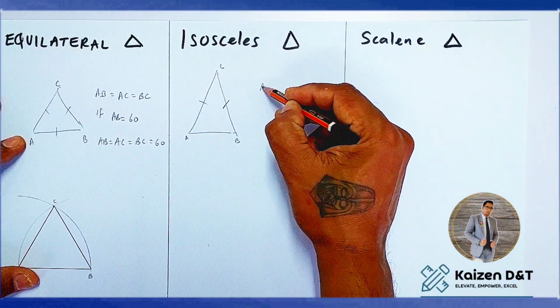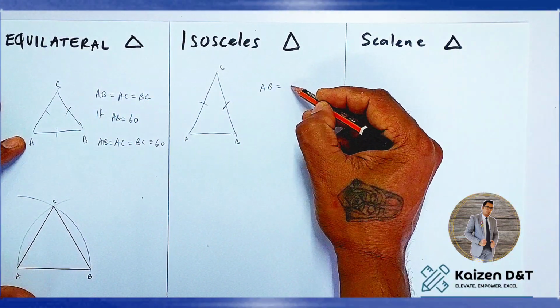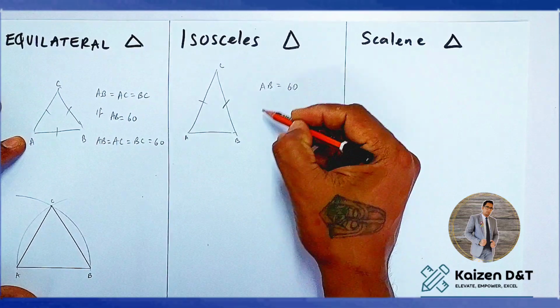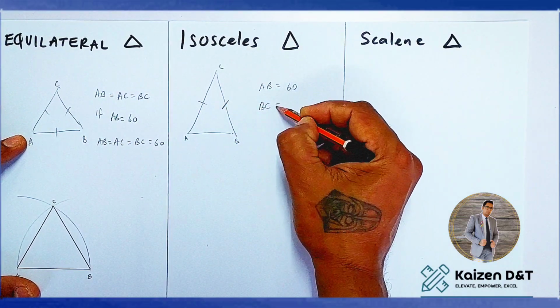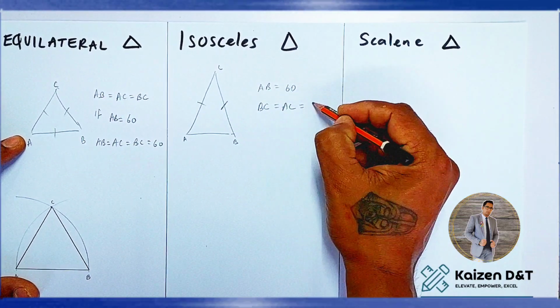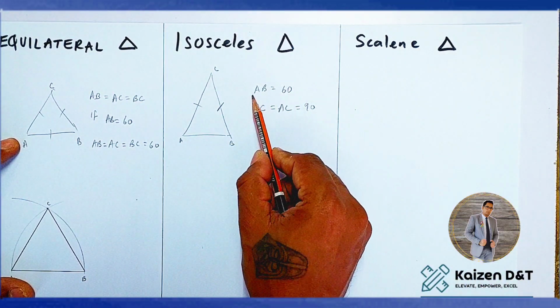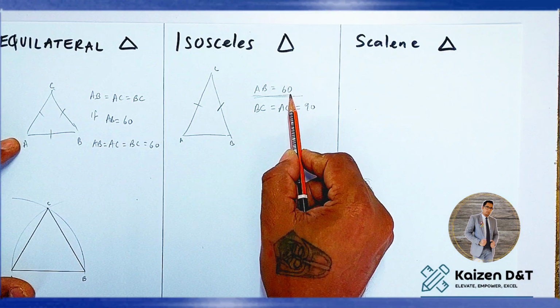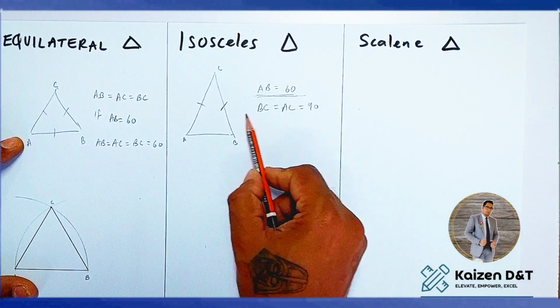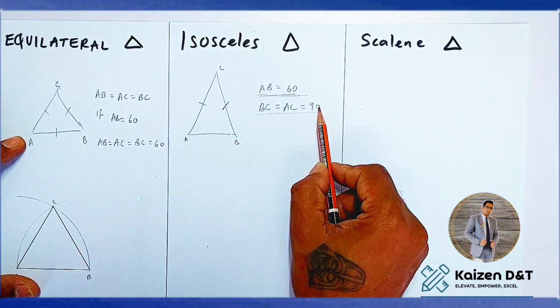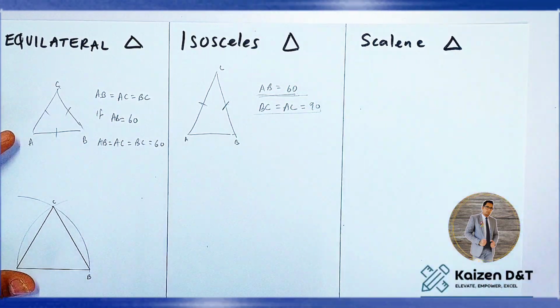Suppose AB is equal to 60 millimeters, and BC is equal to AC is equal to 90 millimeters. So the first line has this value, and then these two have a different value, which is this one. So how do we draw it?